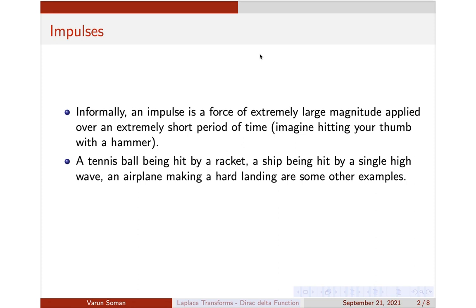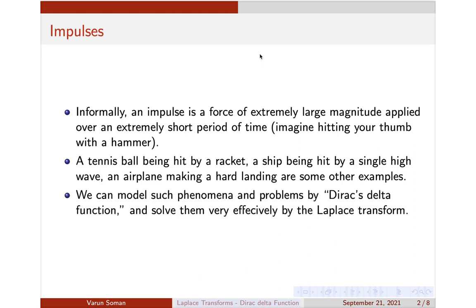When you solve those differential equations using Laplace transforms, you will have to find the Laplace transform of those impulsive forces. That is why we are introducing a new function called the Dirac delta function to model those impulsive forces, so that the Laplace transform of such functions can be found very easily.